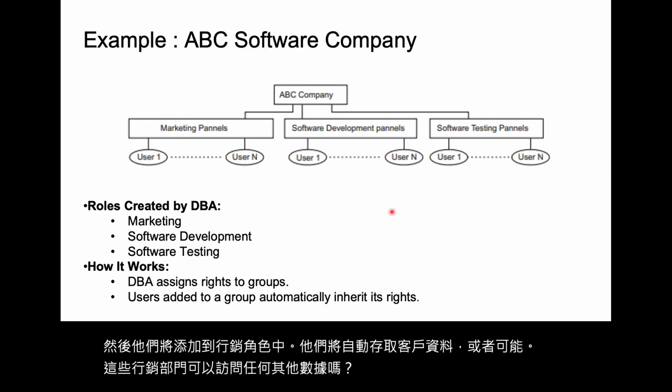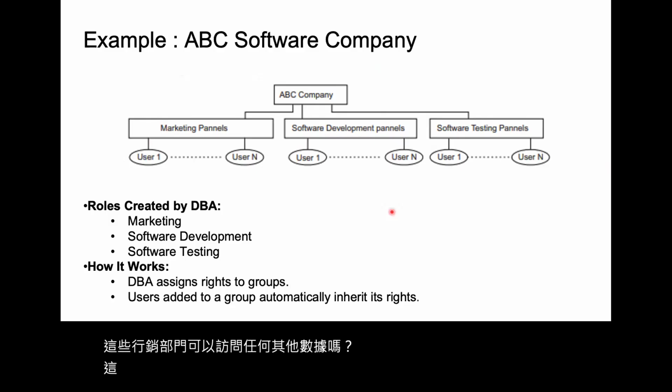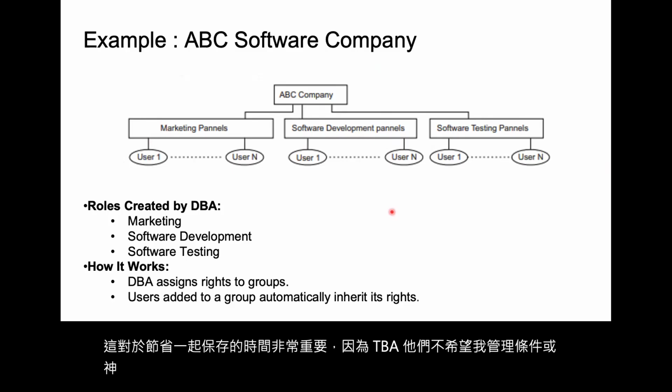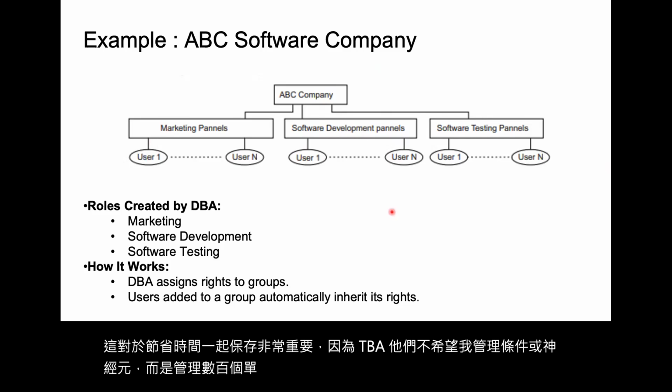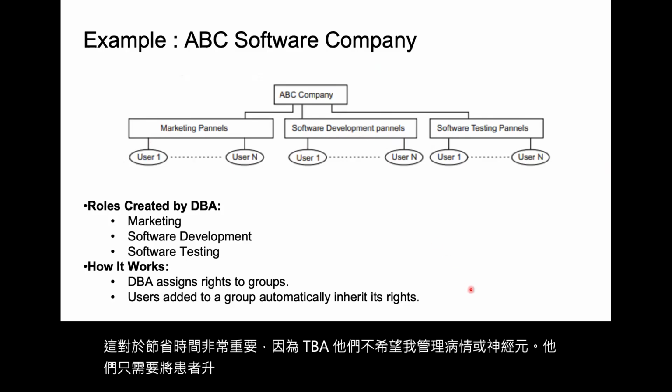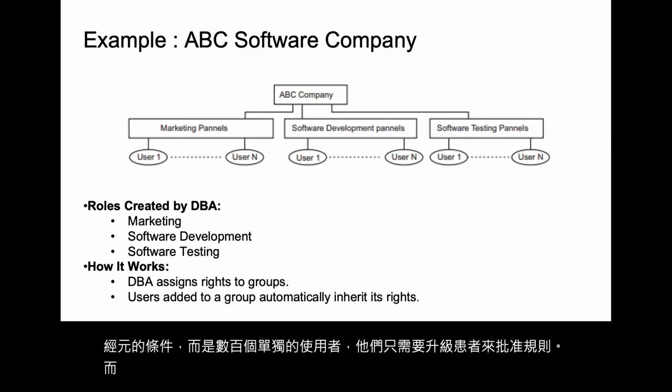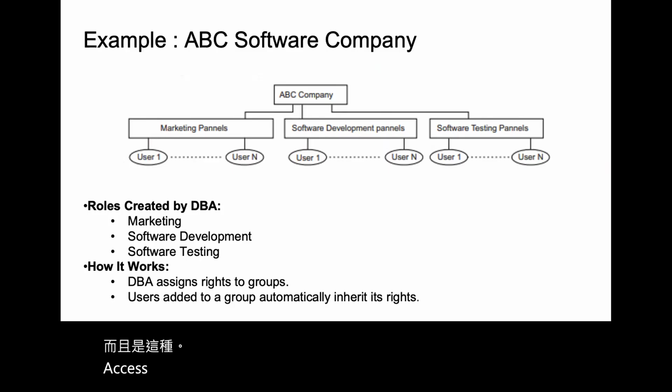This is very important to save time and effort, because the DBA only needs to manage the permissions for a role, instead of for hundreds of individual users. They only need to grant the permissions to a group. And this kind of group role access will make it consistent, because all the users will have the same access rights.